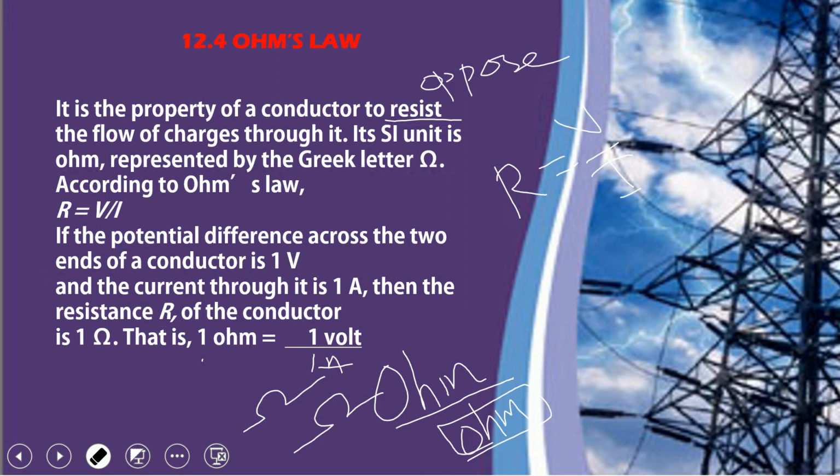This can also come as a definition. Define 1 ohm: if a potential difference of 1 volt is applied across a conductor, and the current passing through the conductor is 1 ampere, then we will say that the resistance of that conductor is 1 ohm. Understand? Okay, like that it is.